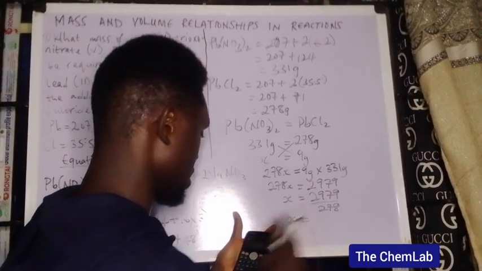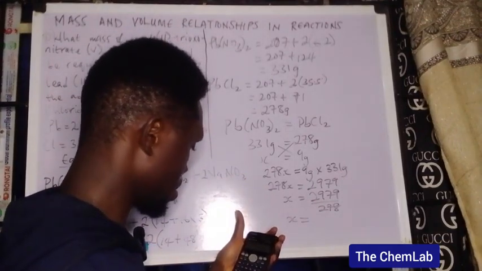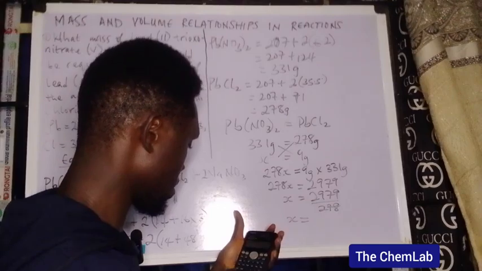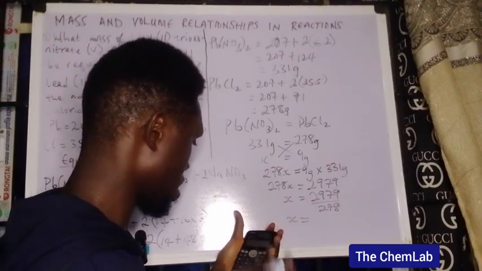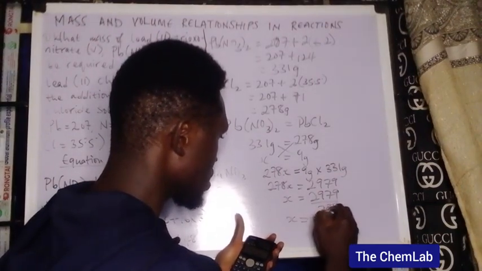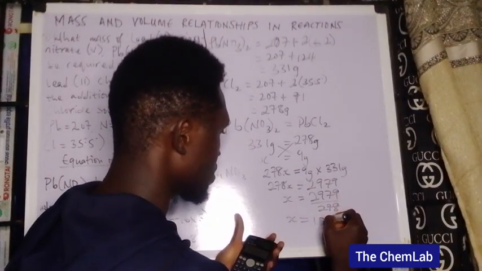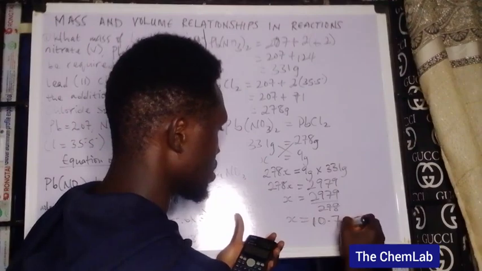So X is equal to 2979 divided by 278. Our answer is 10.7 gram.